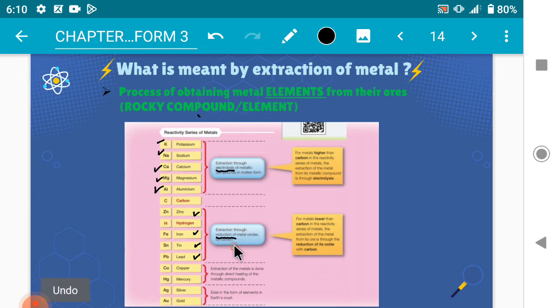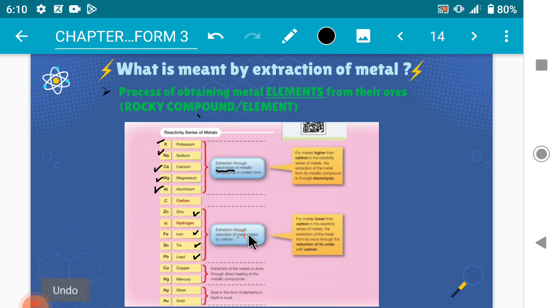So I think you don't have to know deeper about the reduction of metal oxide by carbon, because this will be covered in the Form 4 and Form 5 SPM chemistry. So the thing that you need to know is the method done is through the reduction of metal oxide by carbon.